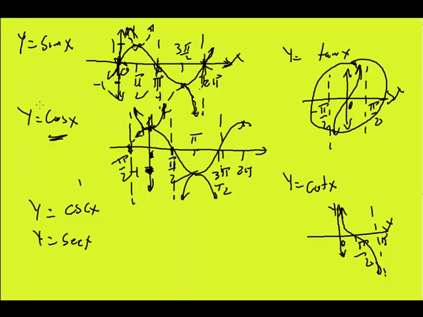Alright, one thing I want to also graph is when you change the period. What happens when you have y is equal to cosine? Oh, let's do sine. So y is equal to sine of x over 4. Well, this here is the same thing as sine of 1/4 x.